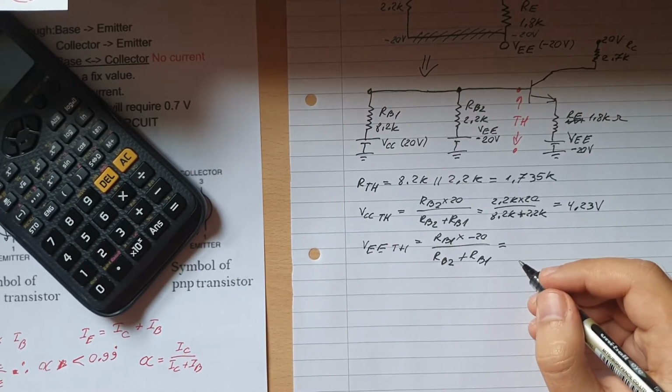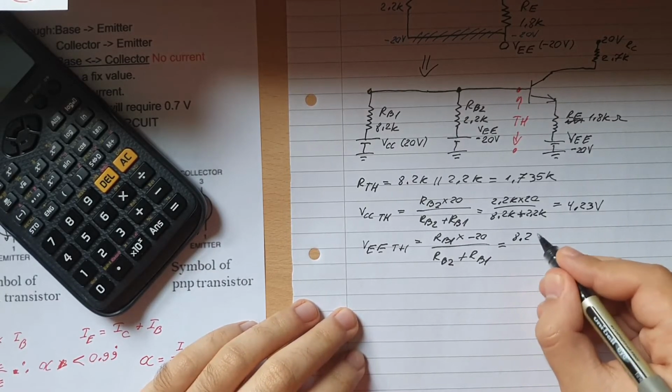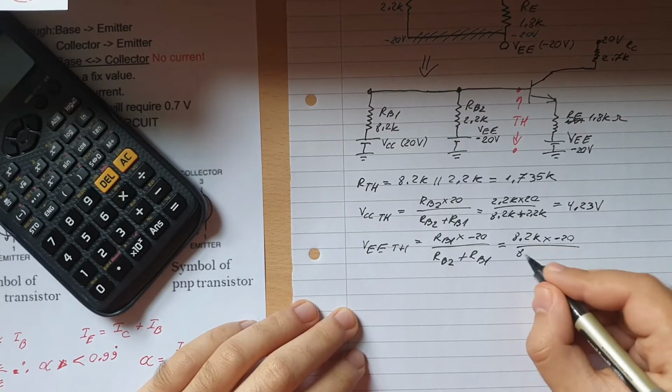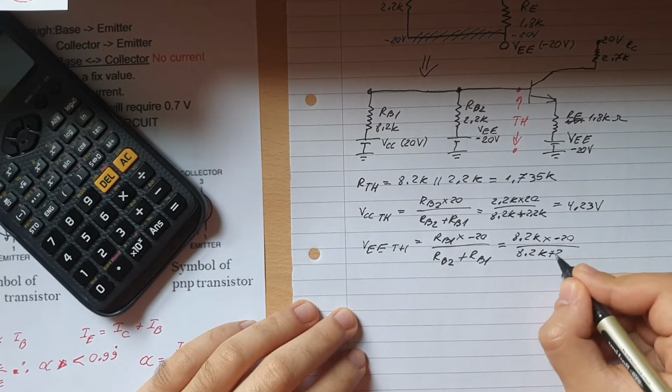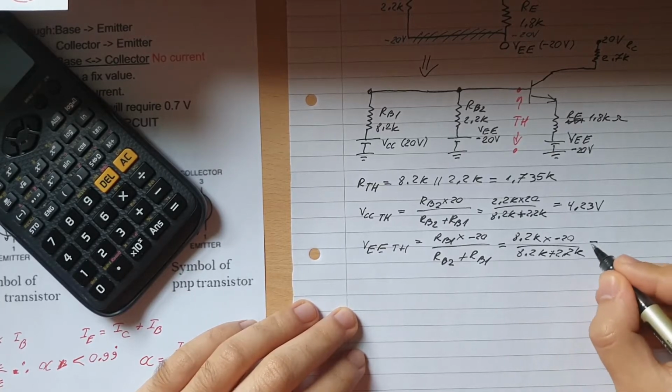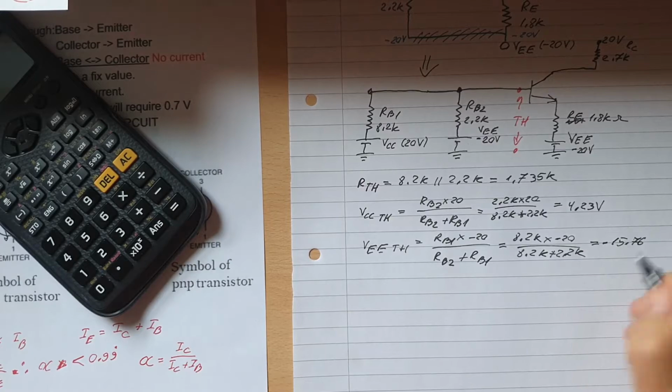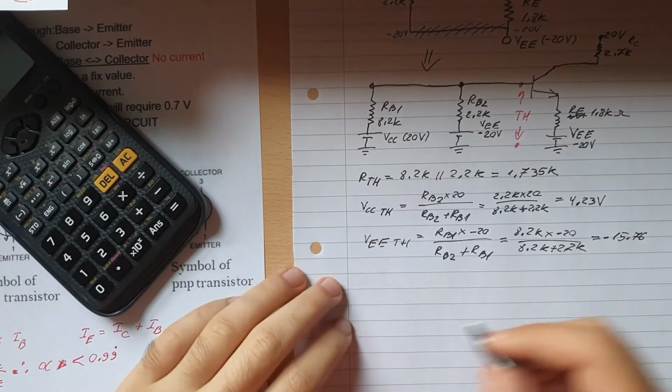Okay, and that will be equal to 8.2 K times minus 20 over 8.2 K plus 2.2 K, and that will be equal to minus 15.76. Right. And now we can calculate the total VTH.